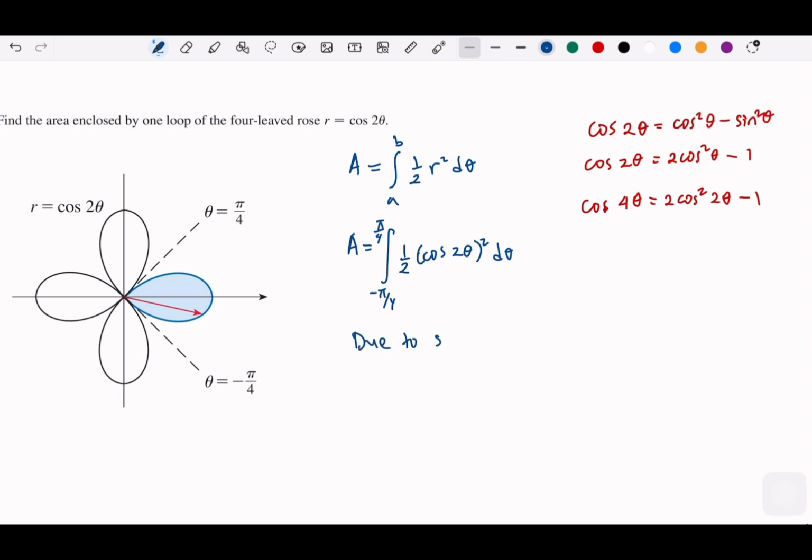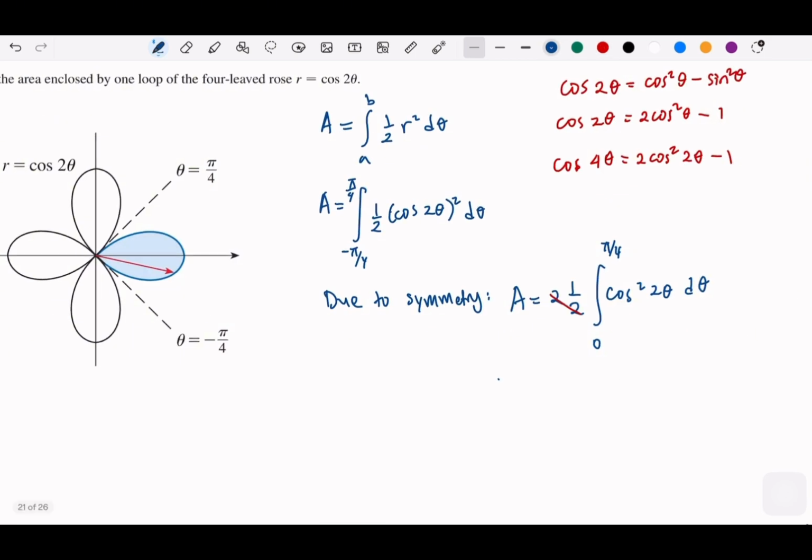Due to symmetry, we can write that the area is 2 times, or let me write maybe cosine squared 2 theta directly. So the half will cancel, and we can compute cosine squared 2 theta, and convert that through the double angle formula: half plus cosine 4 theta over 2.